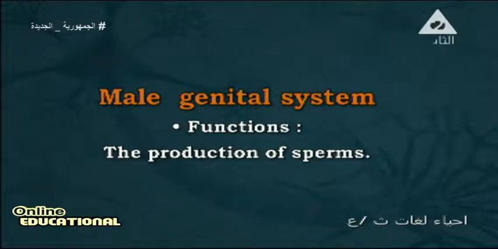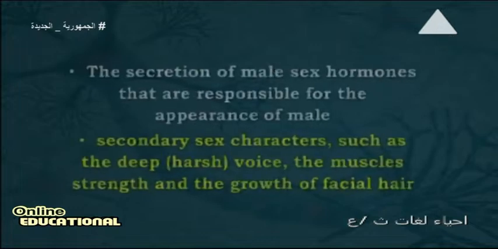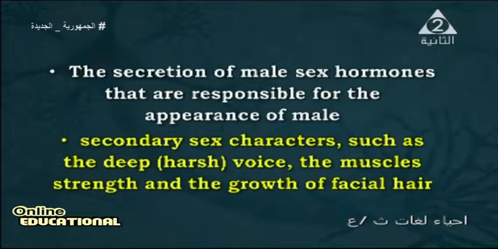First, the male reproductive system. What is the male genital system? It is responsible for the production of sperm. Number one, it consists of two testes and some glands.